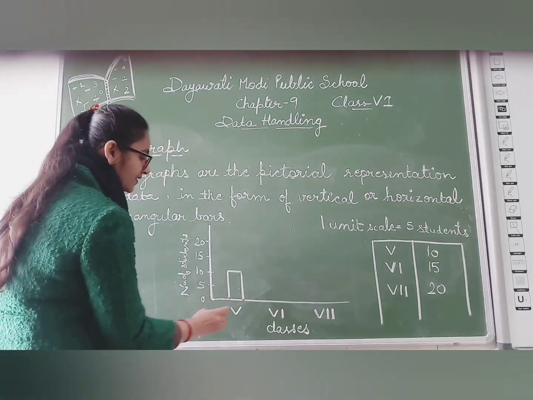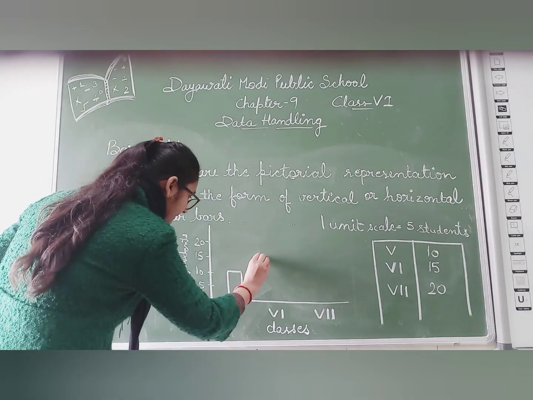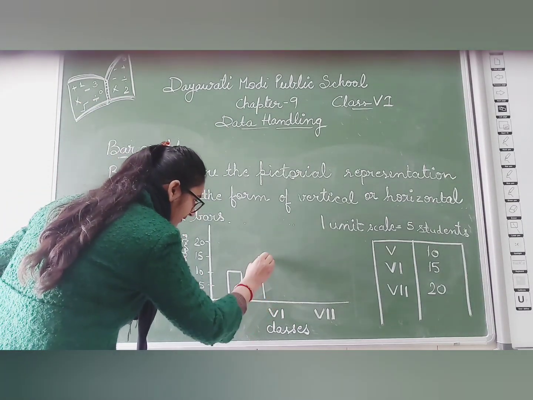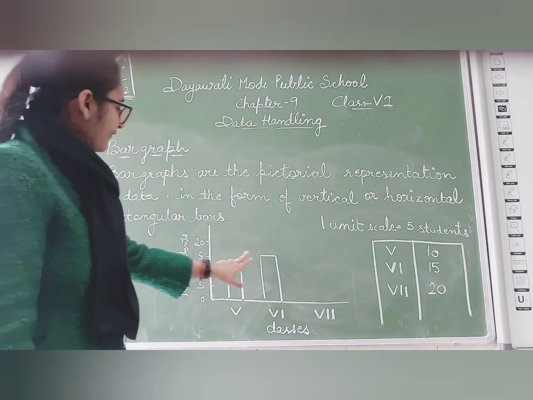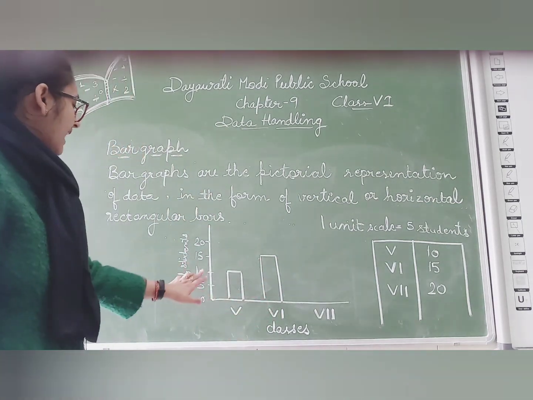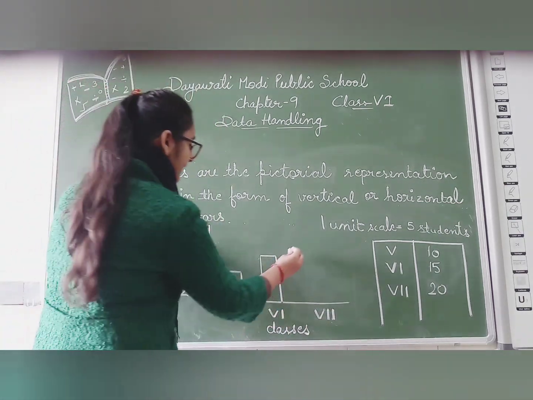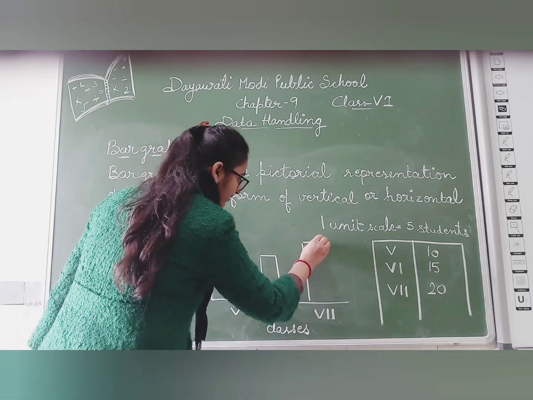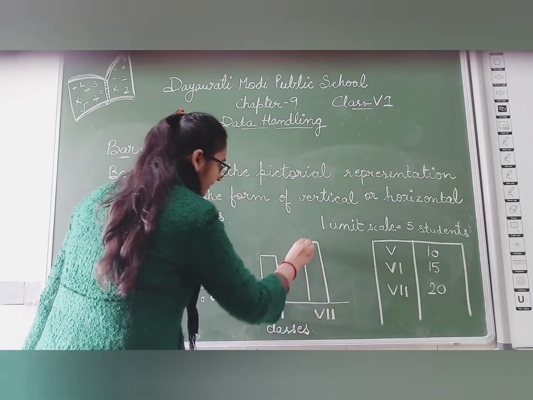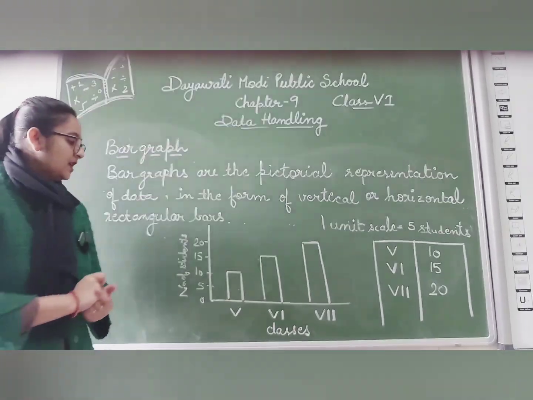Now for 6th class we have 15 students, so 15 students is here. Now this is the bar for 15 students, and for class 7 we have 20 students, so we will make a rectangular bar in front of 20. These rectangular bars should be of the same width.